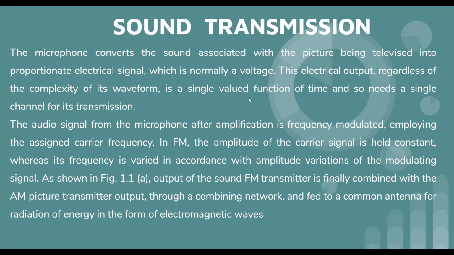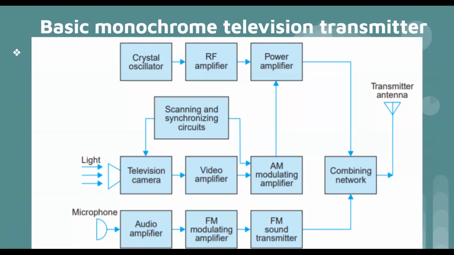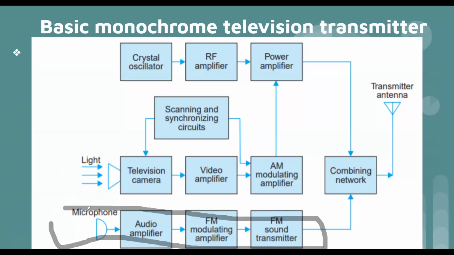So you can go to the transmitter diagram. Here you have the transmitter, with a microphone and so on. What happens here? The microphone converts the sound associated with the picture being televised into a proportionate electrical signal, whose output is a voltage.